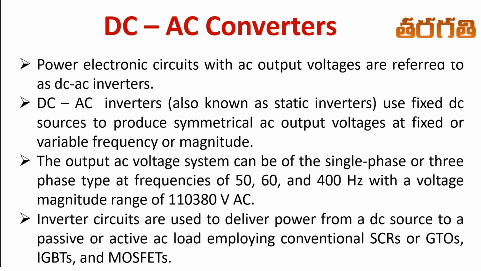In commercial and domestic applications, these inverters operate at a frequency range of 50 to 400 hertz, and in general, they are manufactured to produce voltages having magnitudes in the range of 110 to 380 volts AC.